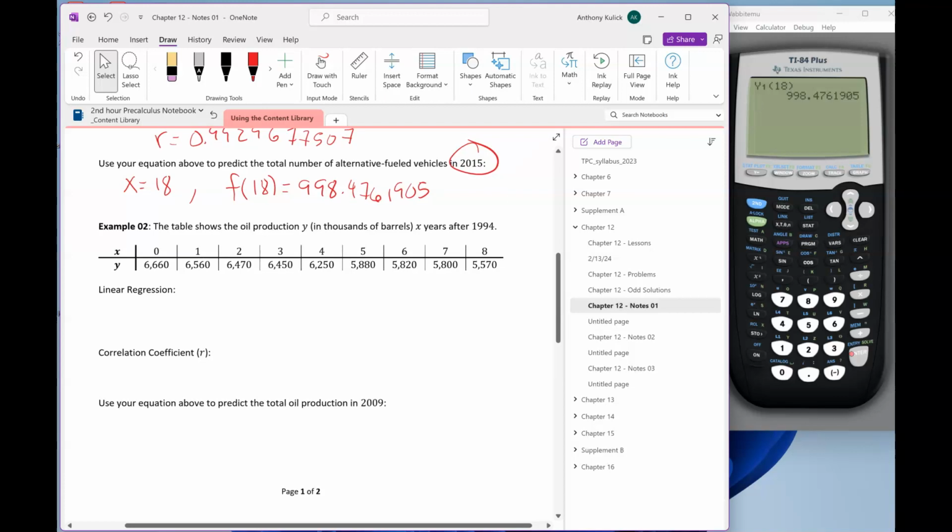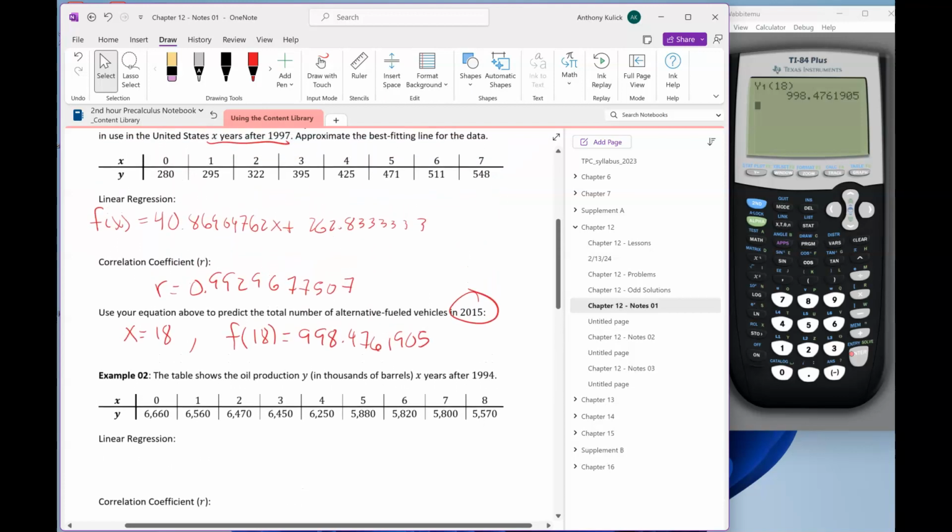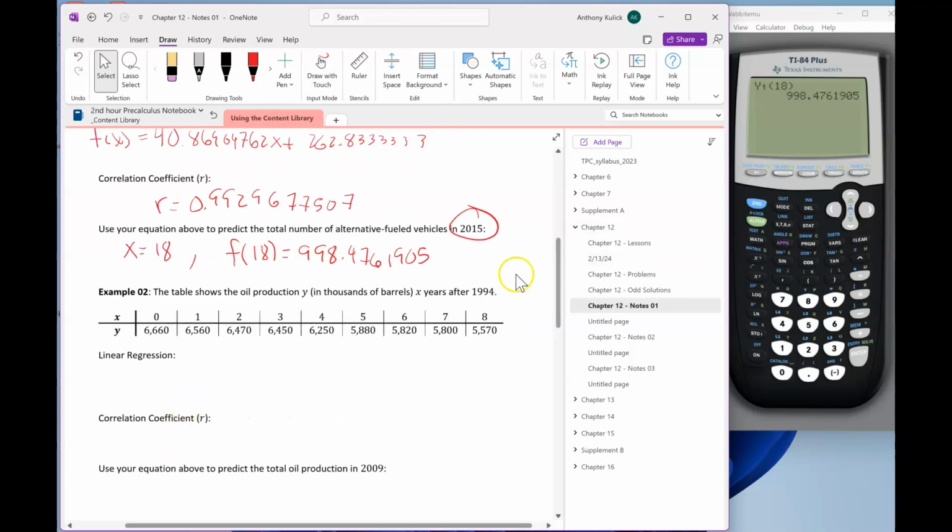How did you do the last part? It's on my calculator. Why do you do 18?